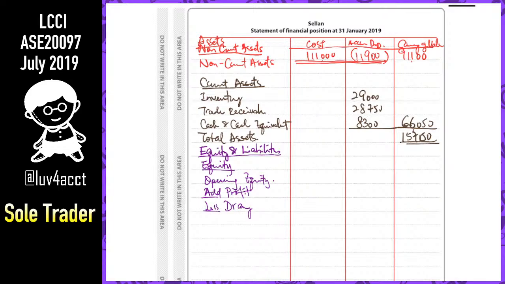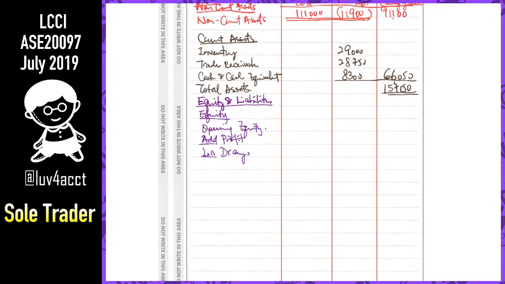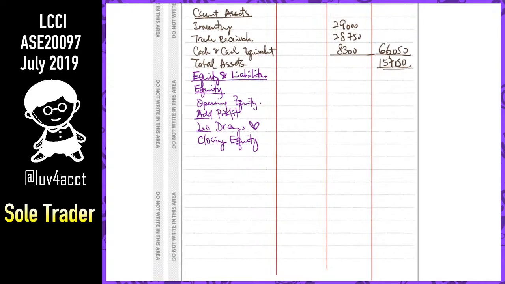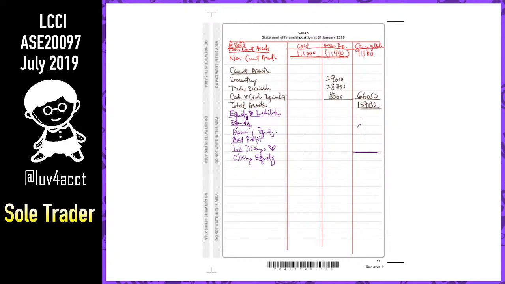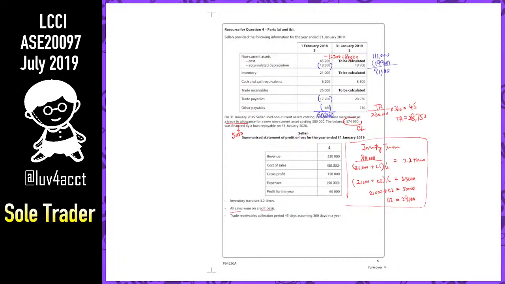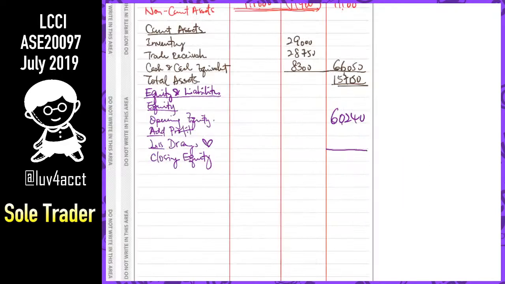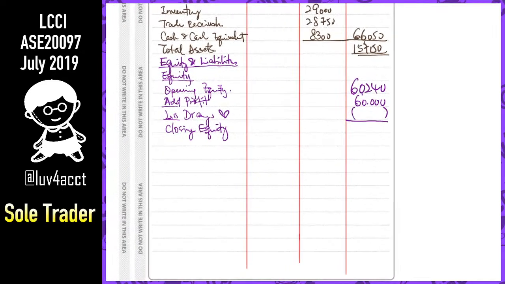Drawings is something we need to find from this statement of financial position, and then we have the closing equity. Last item is the drawings. So opening equity 60240, and then add profit, which will be 60,000, and then less drawings.